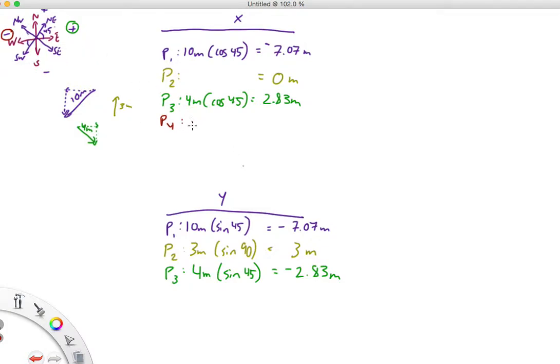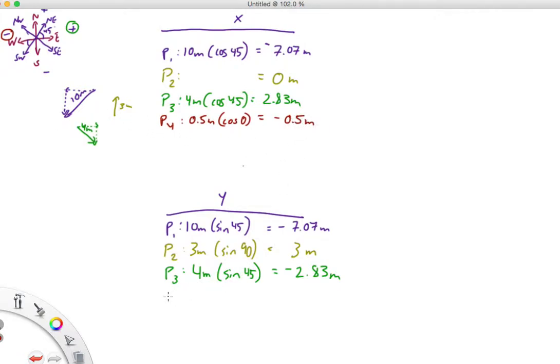Okay, so this is going to be 0.5 meters, and we could say cosine of 0 or cosine of 180. It doesn't really matter. It's going to be 1. And this is going to be just a negative. I'm putting the negative on there because I'm going left, remember.